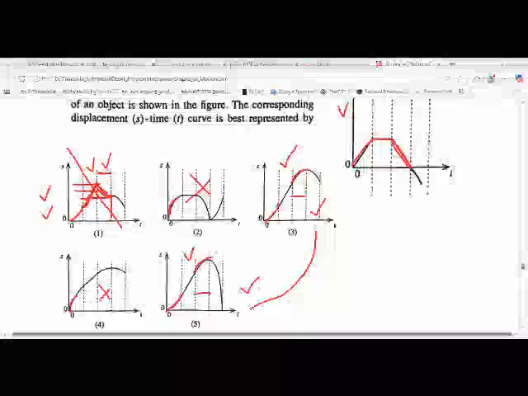Let's consider the last period. It is turning, moving to the opposite side. Then displacement should be decreased.